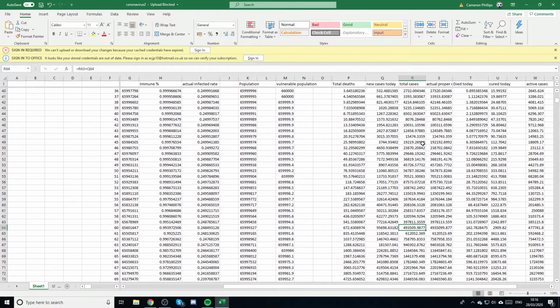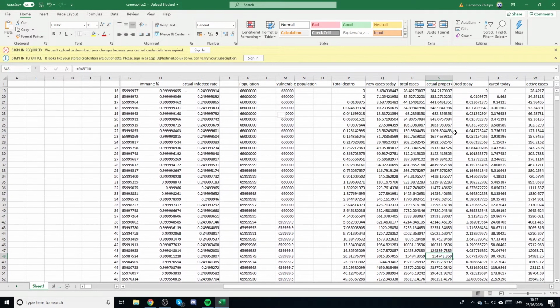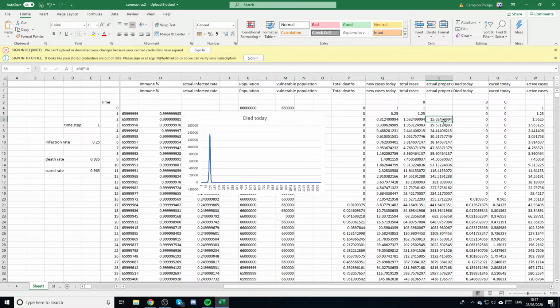But the actual recorded cases are near 15, so when you times that by, gosh, 30? There are probably 30 times more cases than we're recording. Just copy and paste that down.